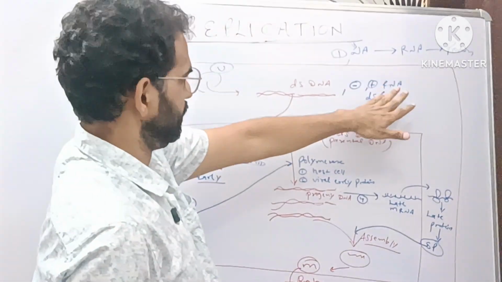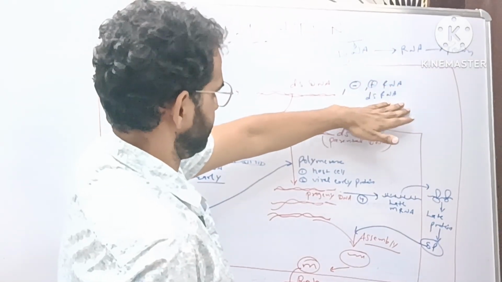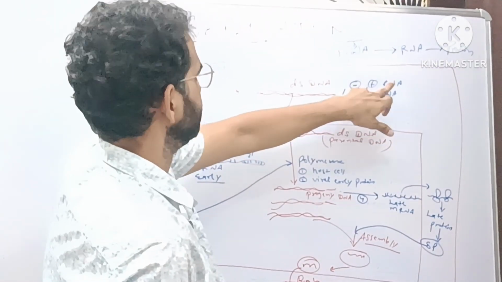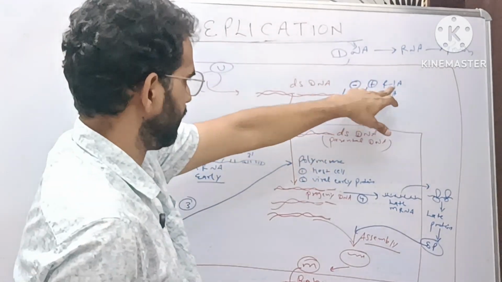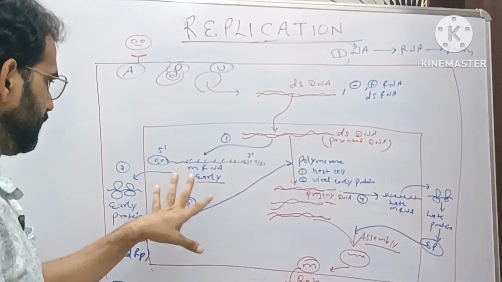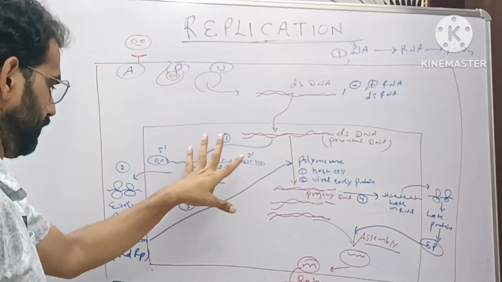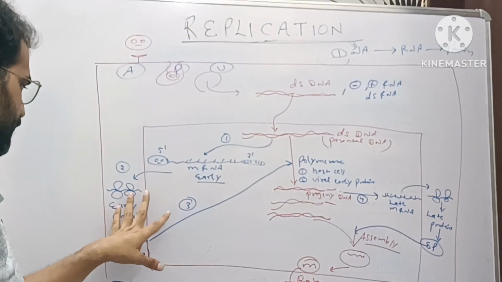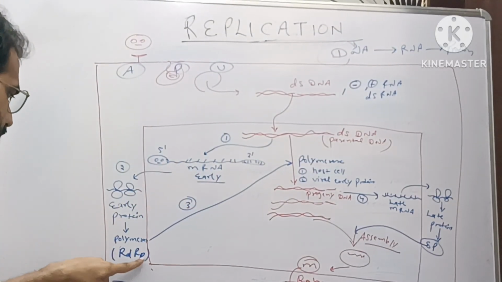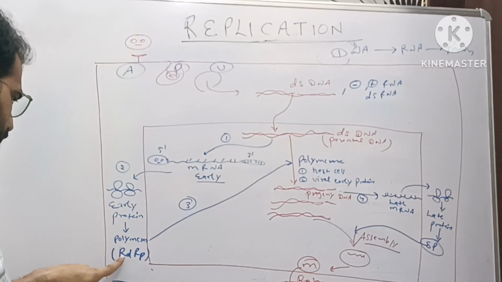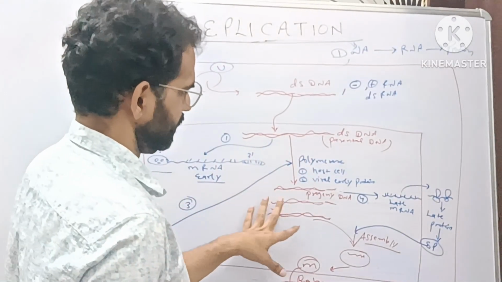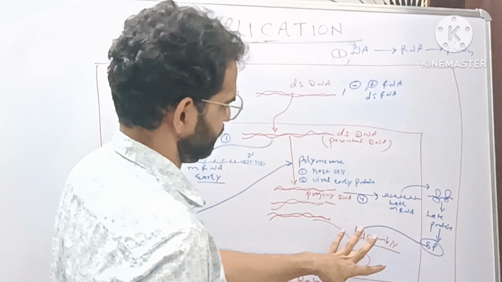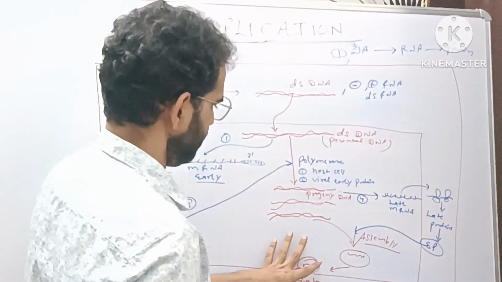An exception is negative sense RNA influenza virus: that RNA enters the nucleus and forms messenger RNA and some proteins, and the proteins will be RDRP, the viral RNA-dependent RNA polymerase, which forms further RNAs and structural proteins, then assembly and release.